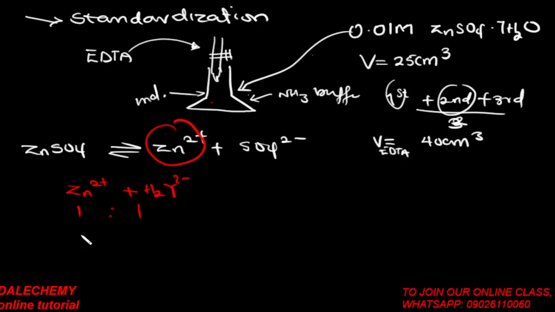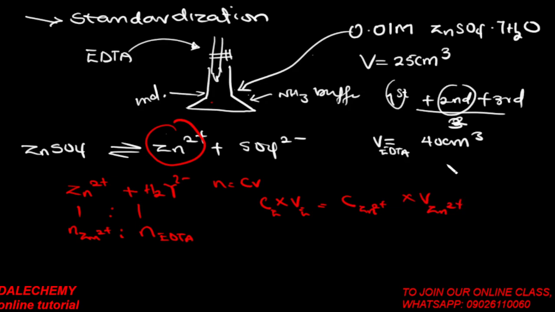So which means that the number of mole of EDTA will be equal to the number of mole of zinc. So that means you can say that number of mole, which is CV, concentration of EDTA times volume of EDTA, will be equal to concentration of the zinc, the metal, times the volume of the zinc 2 plus.